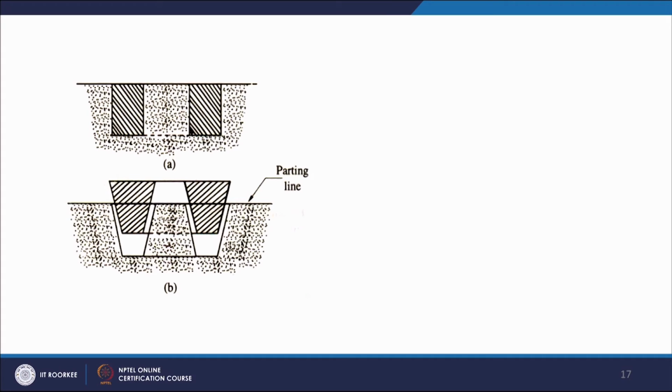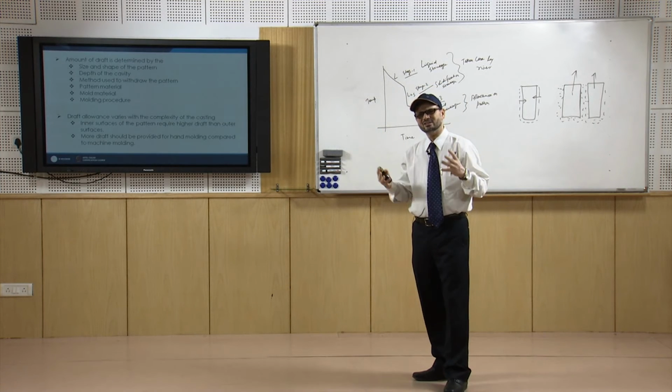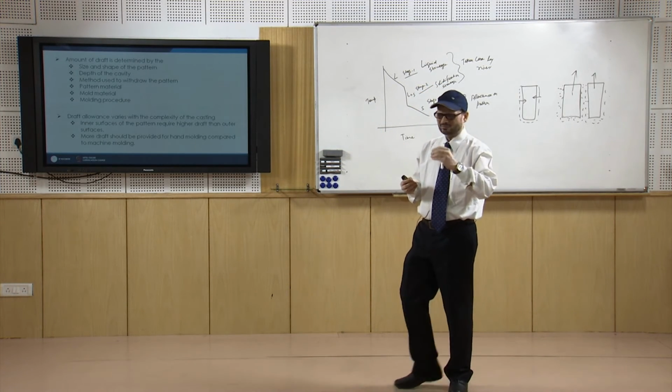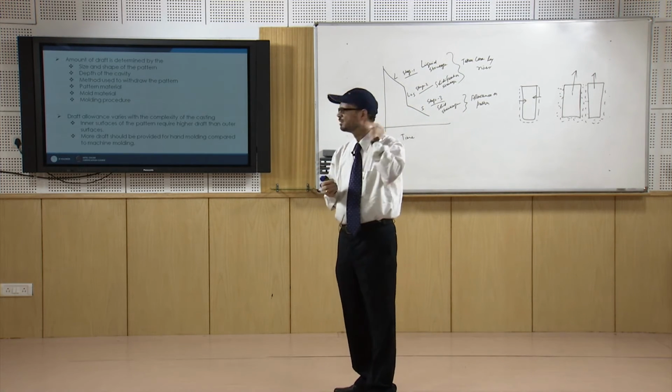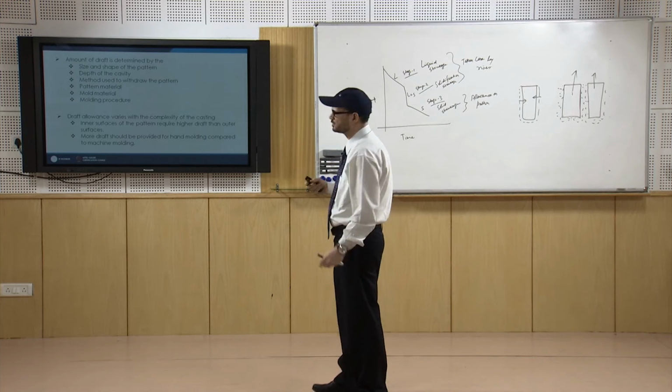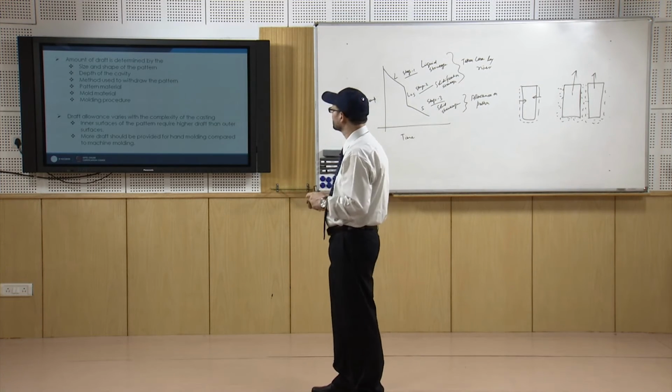The amount of draft will be determined by the size and shape of the pattern, depth of cavity, method used to withdraw the pattern, pattern material, mold material and molding procedure. If you have a larger size and shape, you have to provide somewhat higher draft; if the depth of cavity is more, the draft has to be a little more. The method used, whether you are doing it by hand or by machine, also matters.